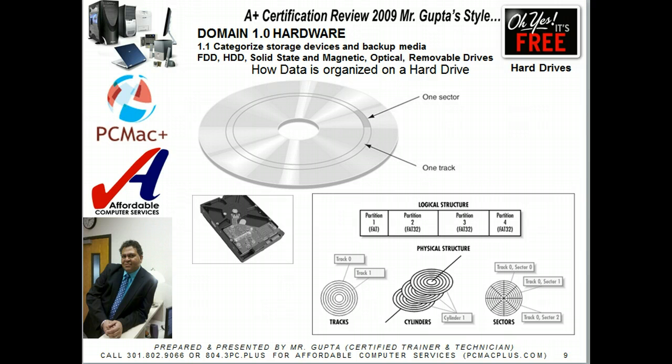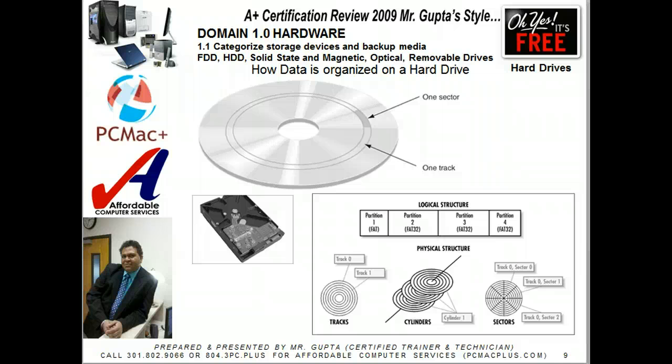Each disk surface on a hard drive is divided into concentric circles called tracks. Recall that each track is further divided into 512-byte segments called sectors. All the tracks that are the same distance from the center of the platters make up one cylinder.